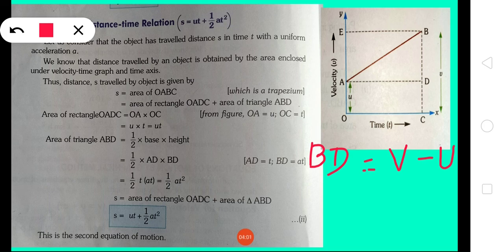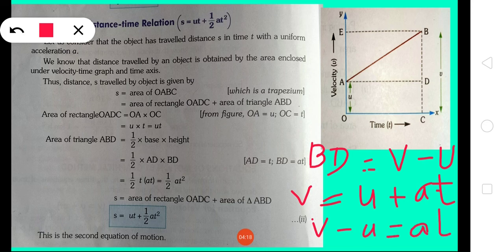So the first equation we already know that v equal to u plus at. From this we can write that v minus u equal to at. So in case BD is v minus u, then we can write instead of v minus u as at.